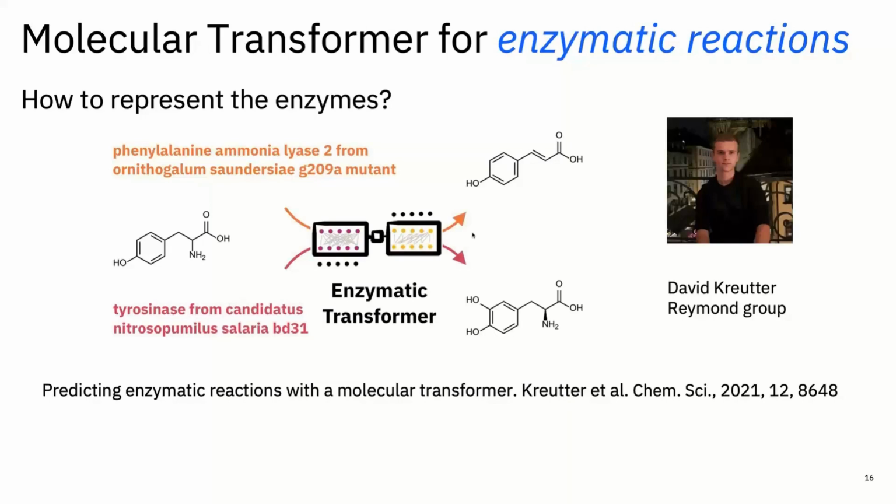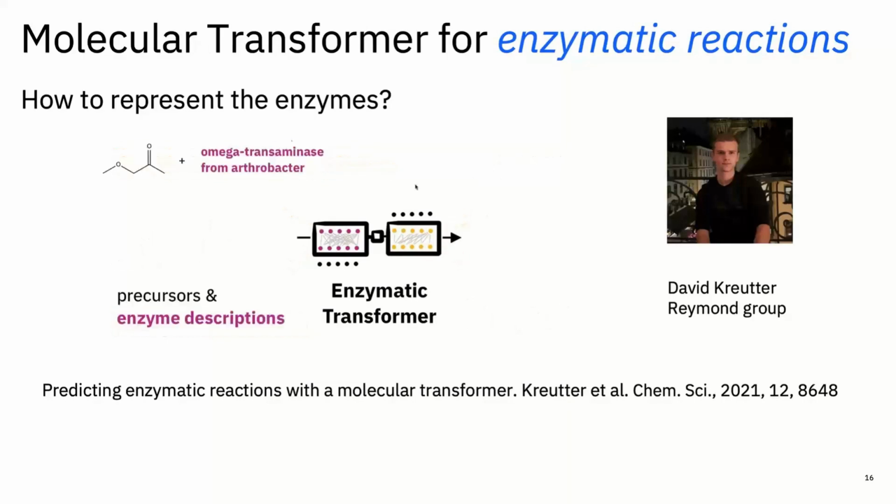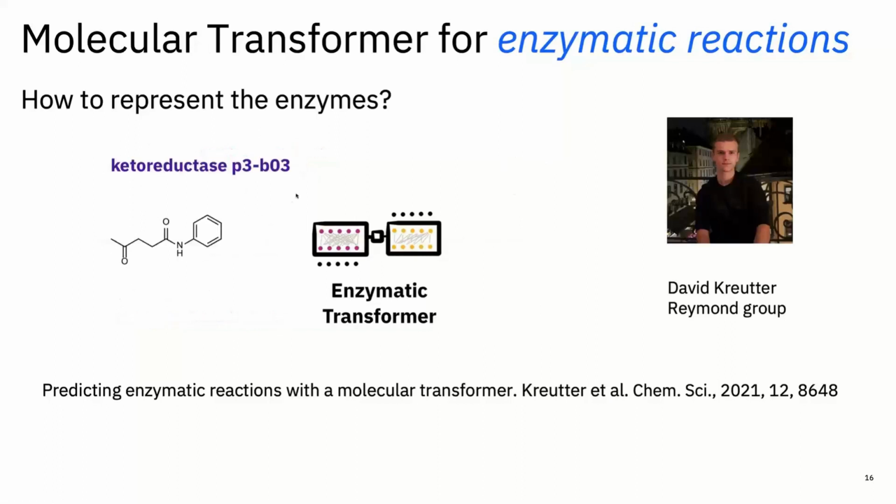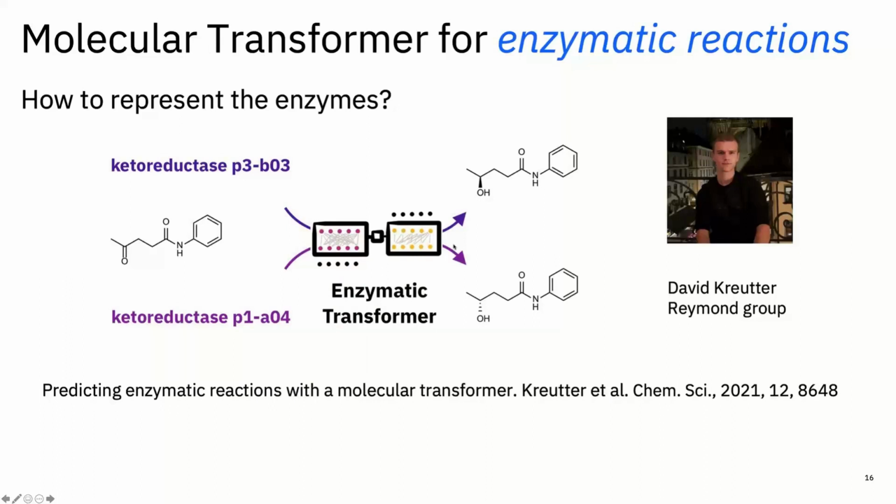Let me just show you two different studies. One by David Kreuter from the Reymond Group, where he decided to represent the enzymes the same way as humans describe them in scientific publications, and added this as an input to the molecular transformer to generate this enzymatic transformer.